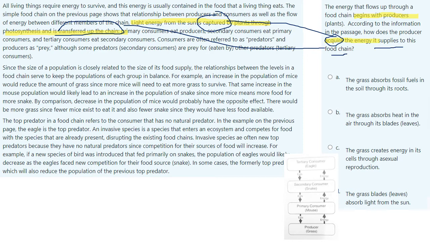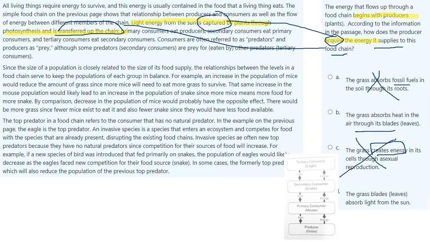The grass absorbs fossil fuels. Fossil fuel, the grass takes in coal and charcoal? No. The grass absorbs heat in the air through its blades in the leaves. Heat could be coming from the sun, possibly. The grass creates energy. We should know that energy is never created or destroyed.